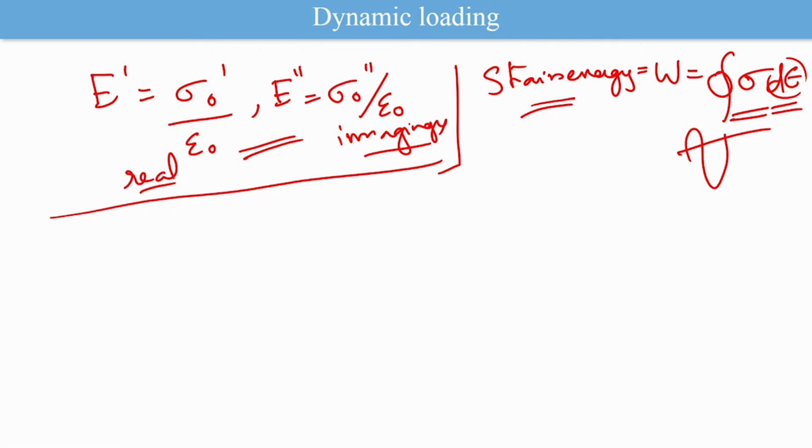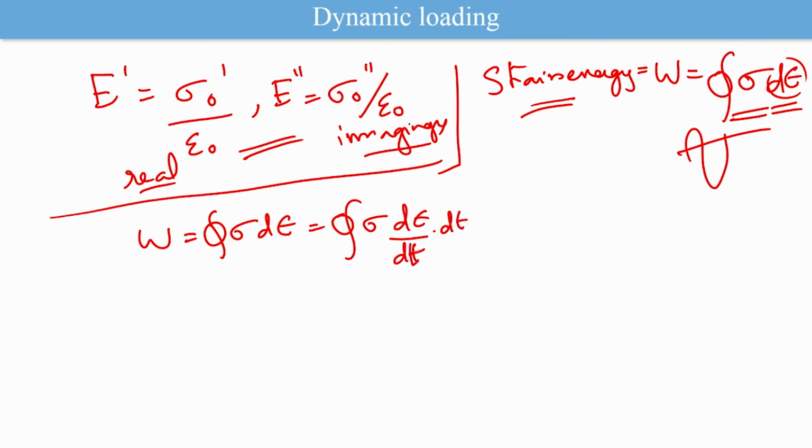So, we will do the same for this dynamic loading that we discussed so far. W is equal to, okay, we can also represent this as, I am just adding dt on numerator and denominator. Now, this sigma we can represent as two terms, right? So, I am just grouping them apart.